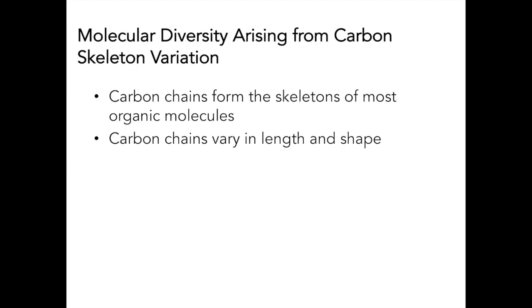Okay, so we can get a lot of different carbon molecules just using 2 types of elements, just using carbon and hydrogen. So most carbon molecules have what we call a carbon skeleton, or a bunch of carbon atoms that are bonded together.